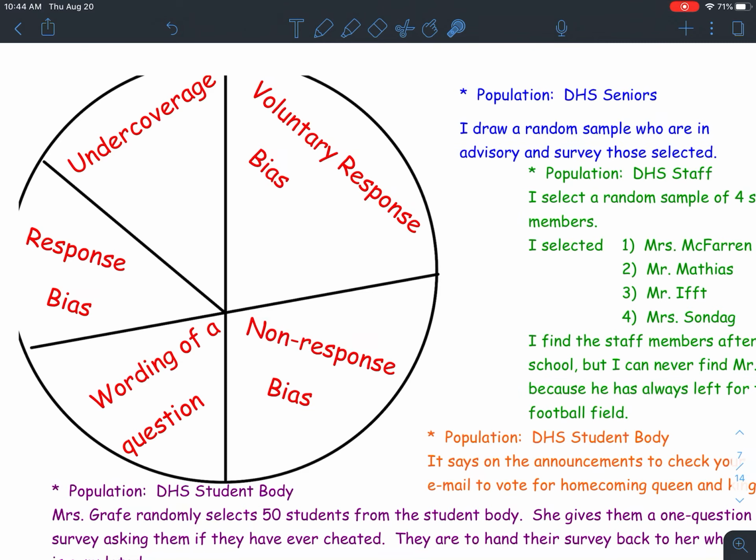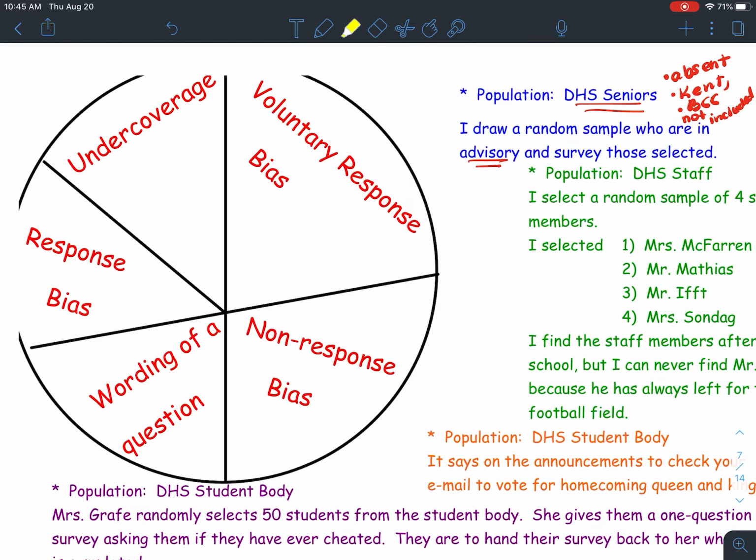Does anybody see any issues that could occur with me going into advisory? Okay, one issue could be students who are absent. They're seniors, but they would not have had a chance to be selected. Maybe it's a Kent student or a Buckeye Career Center student. And so these people that fall into these categories would actually not be included.